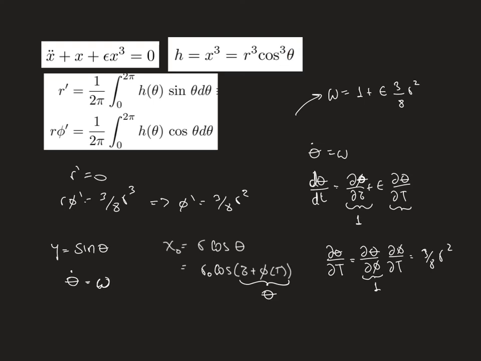So if you start with a very small amplitude, r naught, the r naught remains like that forever. So we can actually put here r naught, and the frequency is going to be close to 1. This is epsilon, so anyway, it's going to be always close to 1. But what I mean is, if r is larger, this contribution is going to be larger, and the frequency is going to increase. So the higher the amplitude, the faster it rotates, or it oscillates.